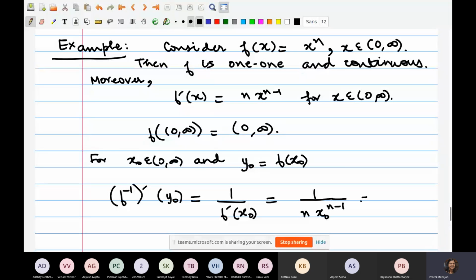In terms of y naught, this is n times y naught to the power (n minus 1) by n. Correct? Is that okay?